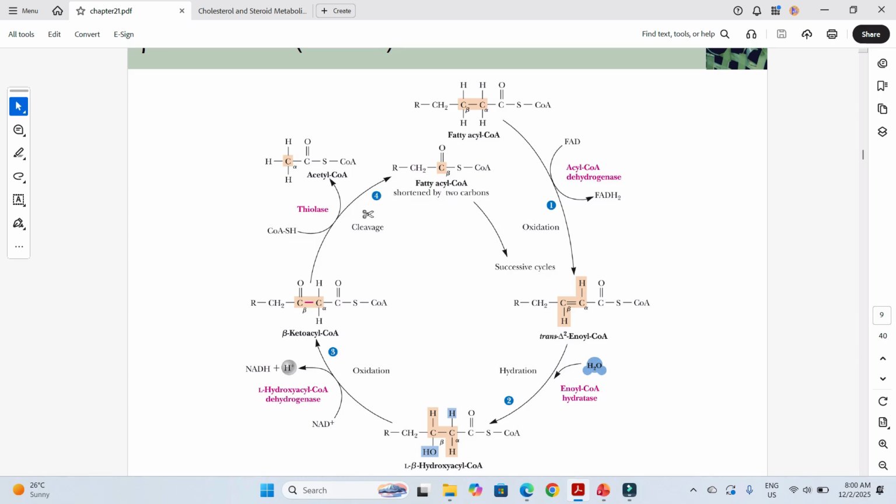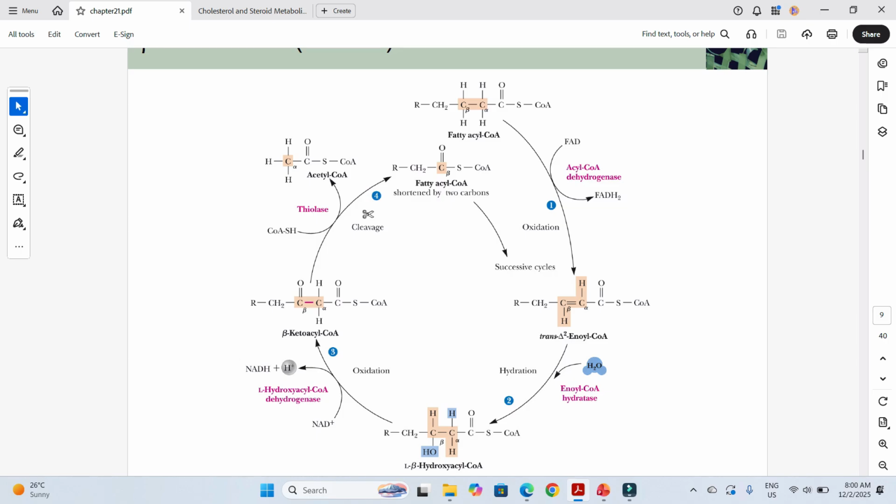Notice that the fatty acyl-CoA dehydrogenase uses FAD as a coenzyme, generating FADH2.